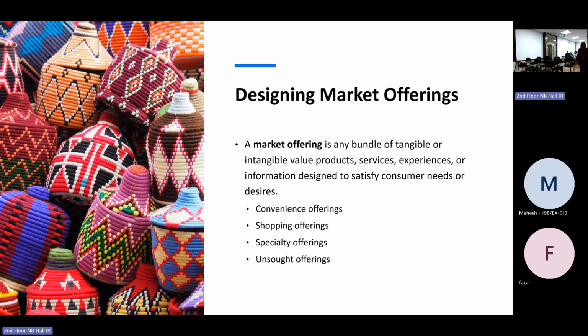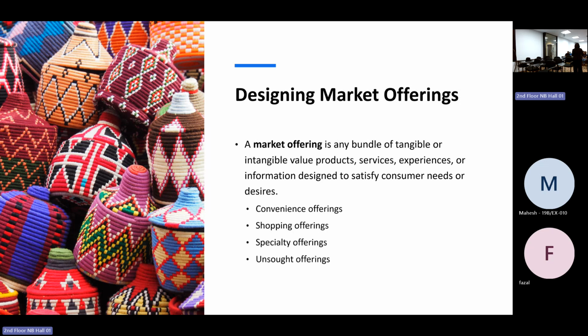Specialty in the sense we will be considering maybe the brand of the product before buying it, right? And again, sometimes prices will be high. Those kinds of products come under specialty. Unsought in the sense the products that are not wanted that much. That means we are going to buy those products only when we have a real need.